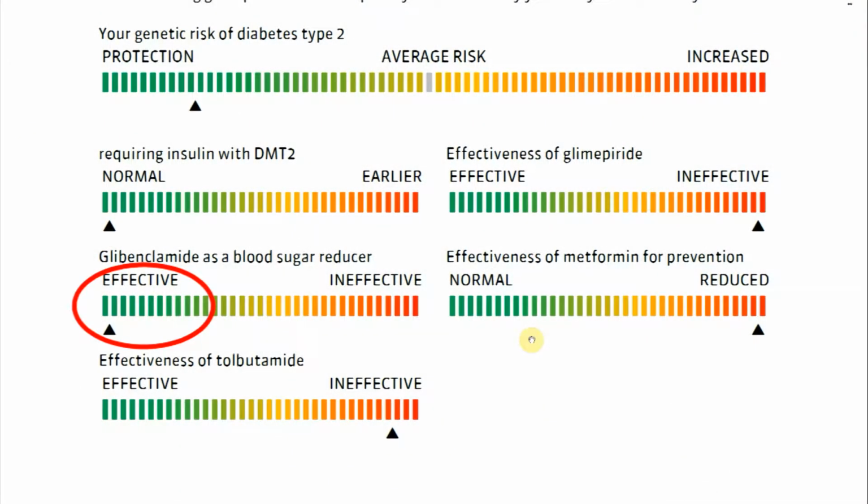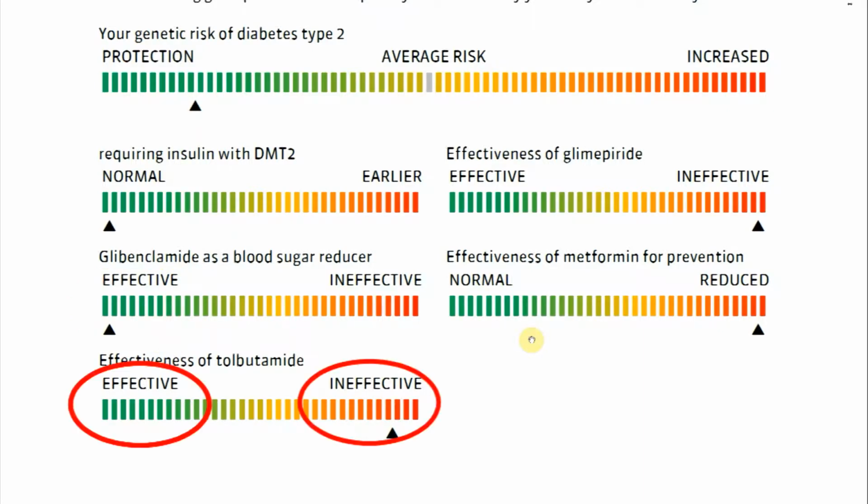And we can save you some of this trial and error, because now you know that glibenclamide might be very effective if your arrow is here, or ineffective. Tolbutamide might be more effective or ineffective, and so on. So you see which kind of drug is likely to be more effective or less effective.